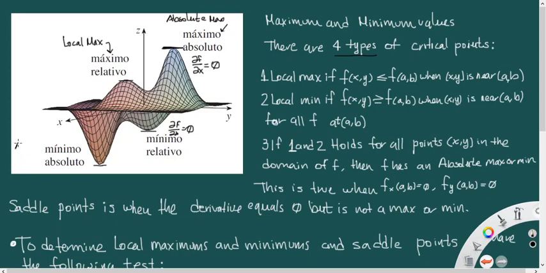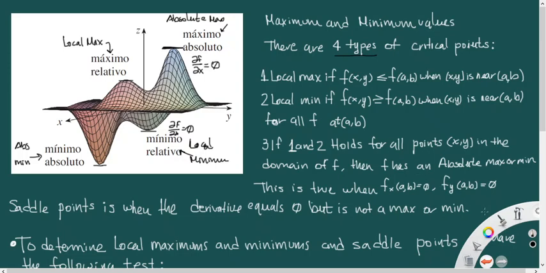This is the absolute minimum. And the local minimum. These are basically the four types of critical points that we usually get out of any function.